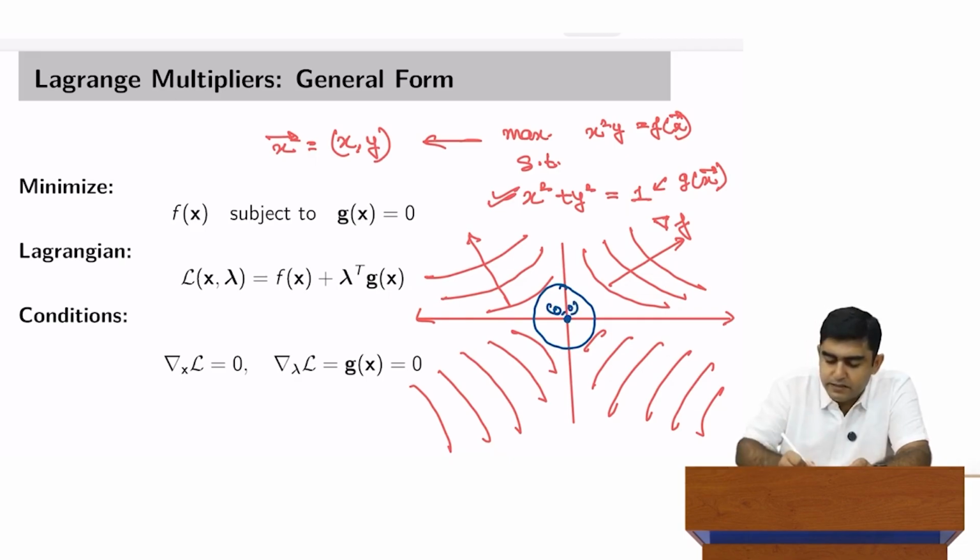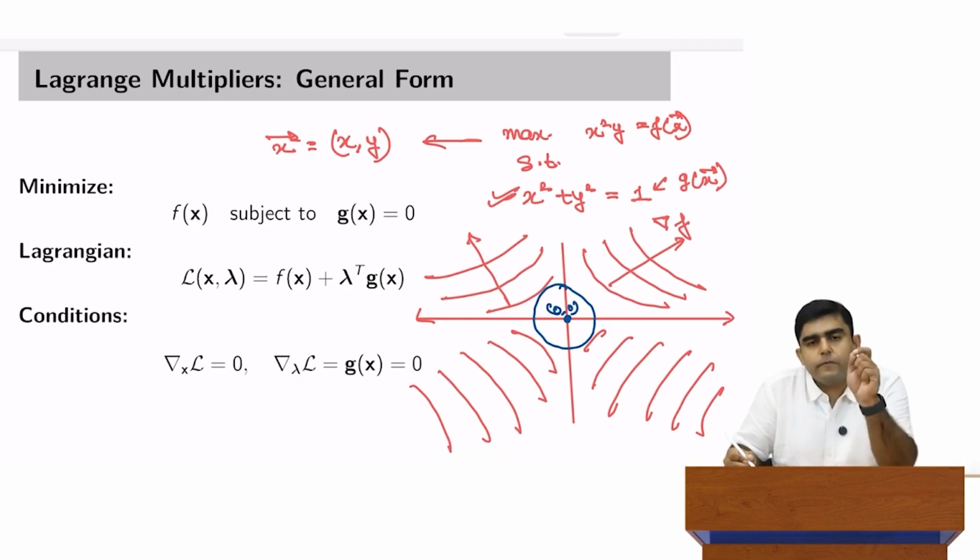Now, if this is clear, I have to find that contour of x square y that satisfies the equation of the circle, because it is an equality constraint. If I am not touching the circle at a point of interest, that means I am violating that particular constraint.